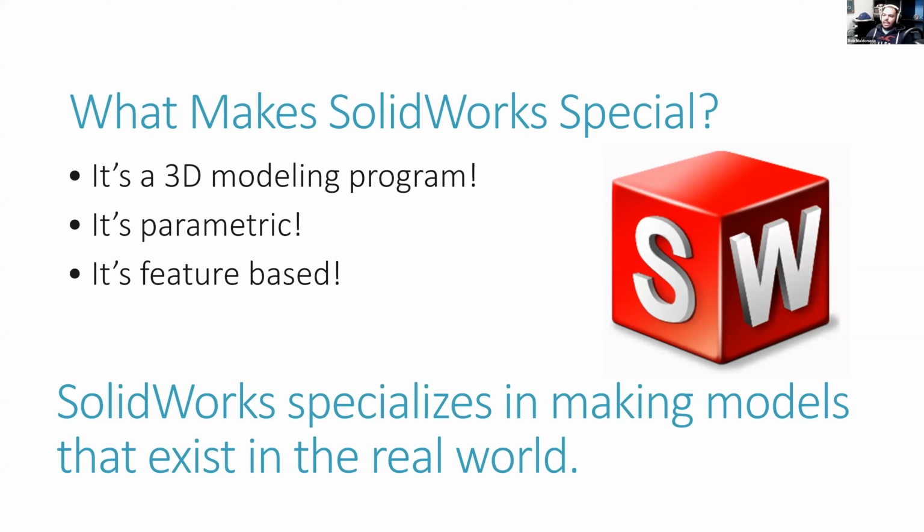Like in Pokemon on the Nintendo 64, if you get a model of Charizard, which you can find on some sites, his wings are infinitely thin and they just put a texture on it. But you can't have anything infinitely thin. So SolidWorks will say, hey, you should probably give that a thickness. But I digress.